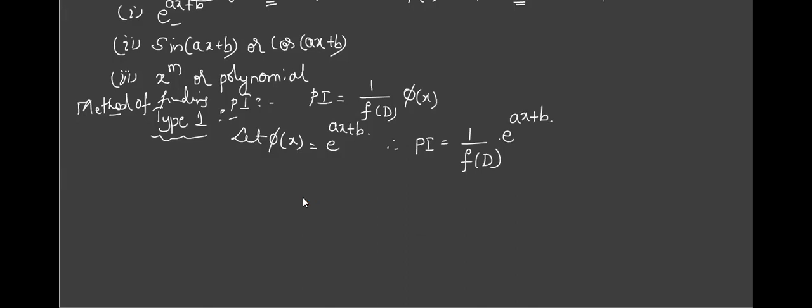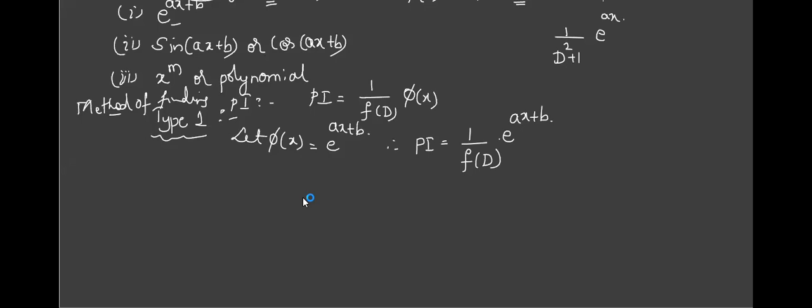Now what you have to do is, here, see, this is f of D, which means there will be terms containing D. For example, you may have D square plus 1, or D cube plus D square, anything. Then you may have e raised to ax.